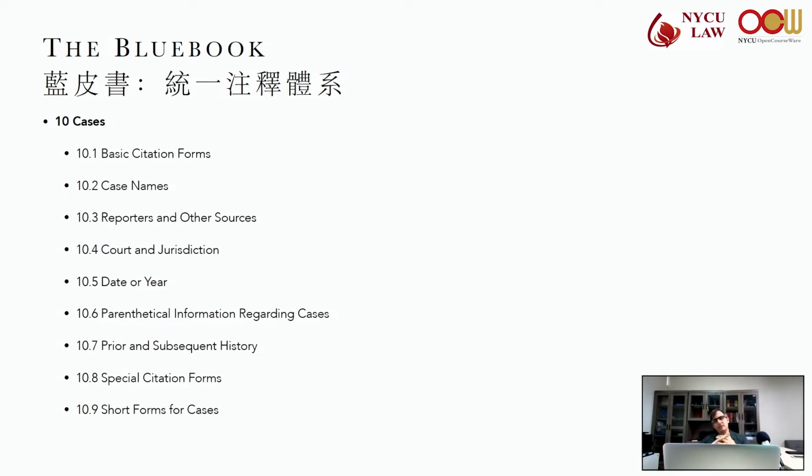Geographical terms, this is in F, subparagraph F. We omit "state of," "commonwealth of," "people of" in case names.